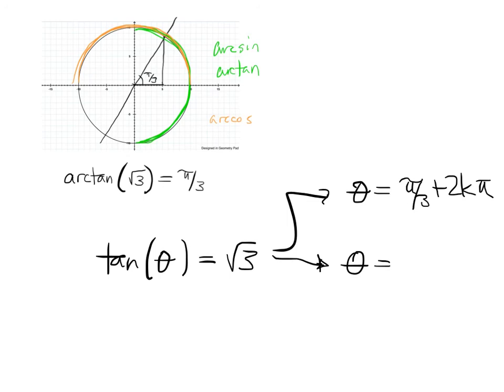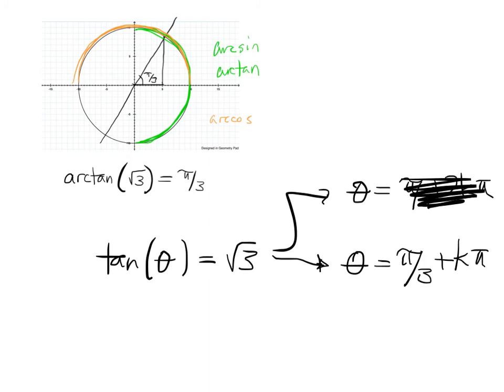There's actually a little trick about tangent, and that is tangent repeats every pi. So we actually can make life easier by saying that instead of having 2k pi, we can just say pi over 3 plus k pi.